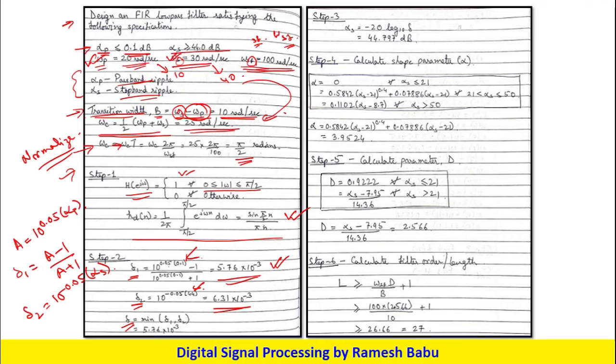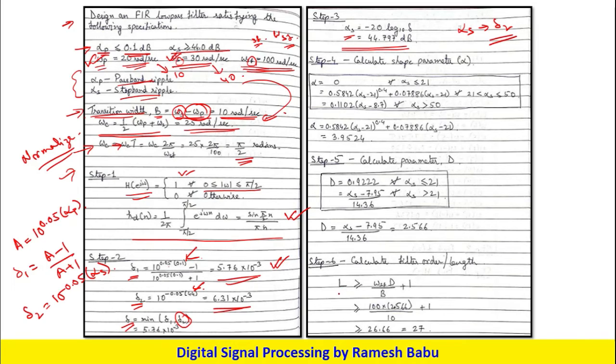There are some questions some students have asked previously. What happens if delta 2 is the minimum? If delta 2 is minimum, in the next step, where we are calculating the normalized alpha s, alpha s would be delta 2 directly.